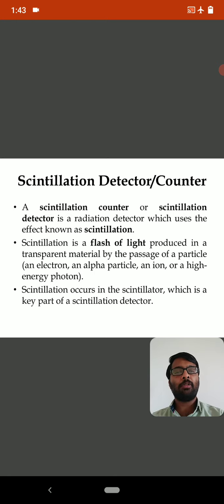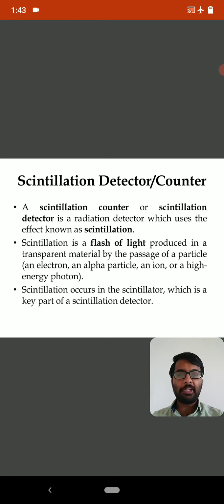Those electrons which are in the excited state or in the conduction band will come back to the ground state or to the valence band. While de-excitation of the electrons, coming from the excited state to the ground state, there will be emission of certain photons or flashes of light, and those flashes of light are called scintillations.